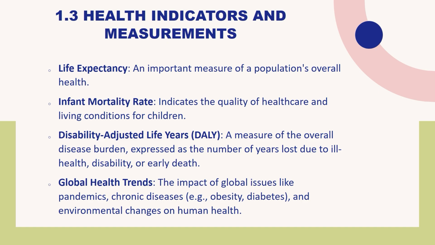Health indicators and their measurements. First is life expectancy, an important measure of a population's overall health. Infant mortality rate indicates the quality of healthcare and living conditions for children. Disability-adjusted life years is a measure of the overall disease burden, expressed as the number of years lost due to ill health, disability, or early death.